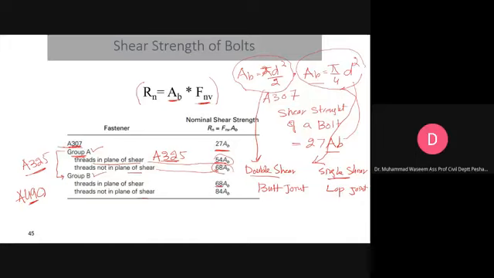If the thread is not in the shear plane, then you will use this formulation. This is basically how you compute the shear strength of bolts, which include unfinished bolts and high strength bolts. Remember this table. Is that clear to all of you?